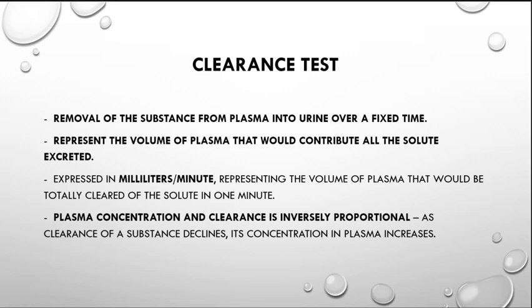So as clearance of a substance declines or decreases, its concentration in plasma increases. Right? Of course, that's understandable. If a substance cannot be excreted, it cannot come out with the urine, and of course its concentration in the plasma will rise because it is not excreted.